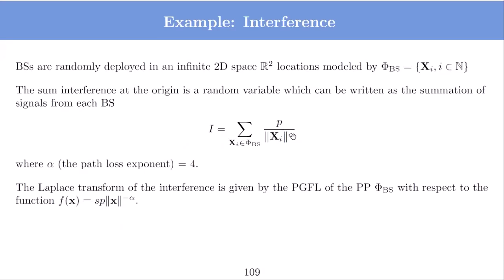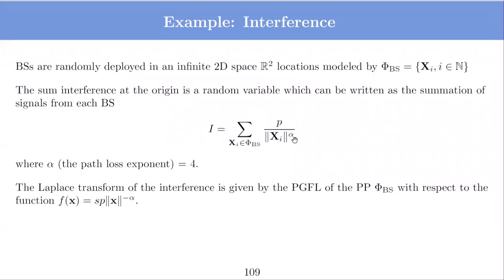The more the distance, the higher the path loss. And this alpha is known as the path loss exponent, which depends on the environment. If it's free space, it's taken as 2. If it's a very high scattering environment, then you take a higher value, which is 3 or 4.